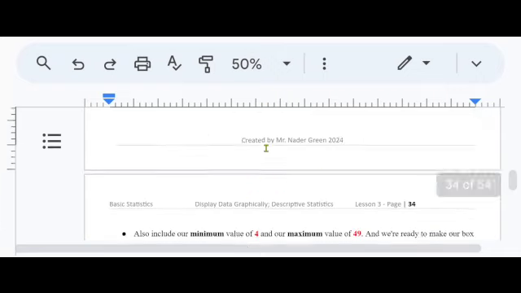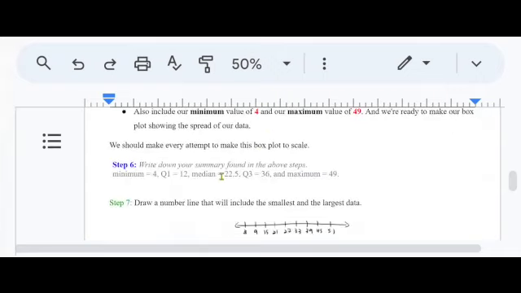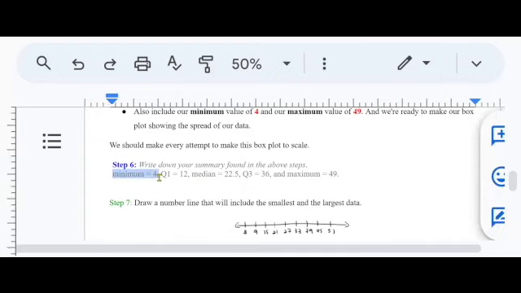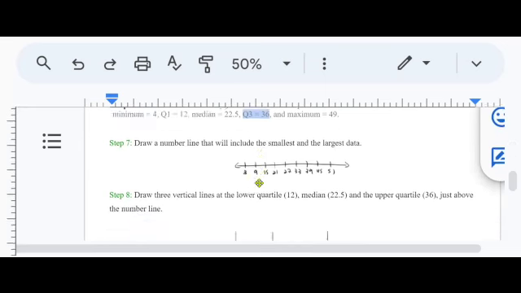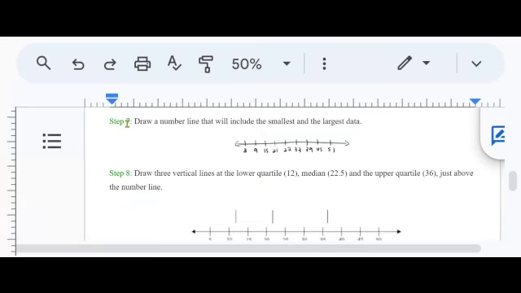So you need to write the summary of that now. So we wrote down the minimum 4, the maximum is 49, quartile 1 is 12, the median 22.5, quartile 3, 36. Up to here is clear? Okay, step 7, draw the number line that will include the smallest and the largest data.